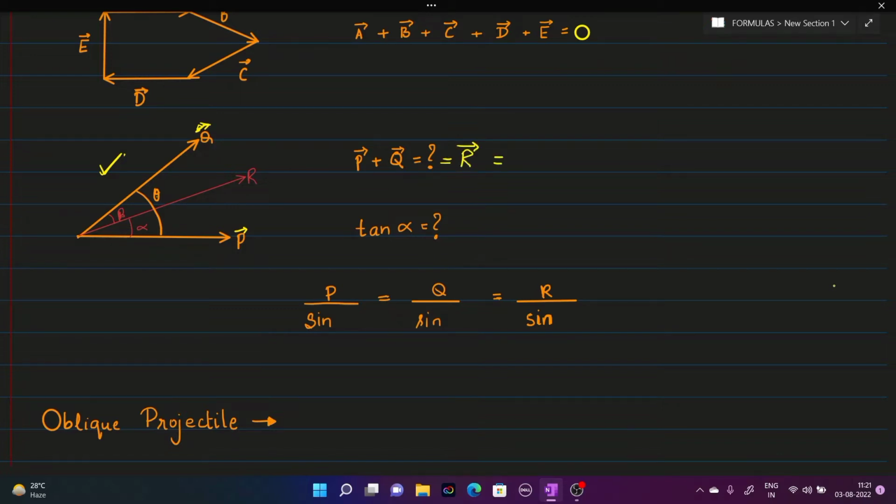This will be equivalent to root of p square plus q square plus 2pq cos theta, theta is this angle.